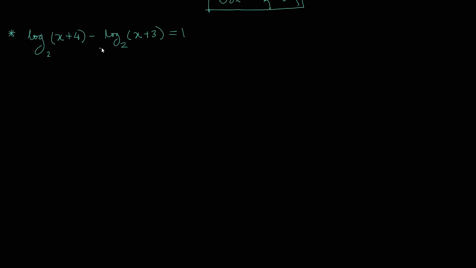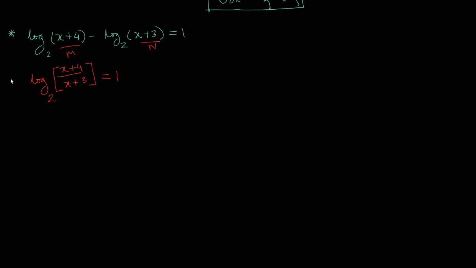So if I say this is my m and this is my n, this is logarithm m minus logarithm n, so I can essentially write logarithm m over n. So logarithm of x plus 4 over x plus 3, and my base is 2, equal to 1.